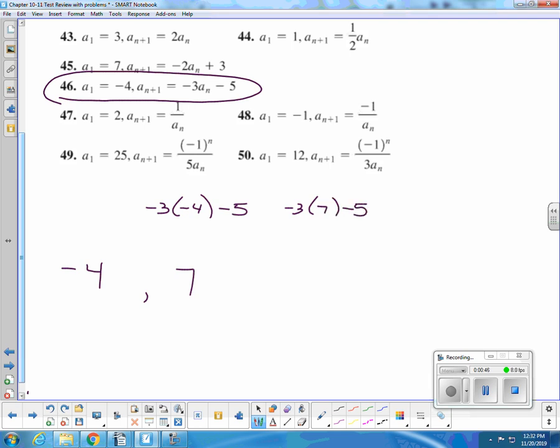So -3 times 7 is -21, -5 is -26. And then you're going to put that into the formula. 78 minus 5 is 73. And that's it. Easy breezy.